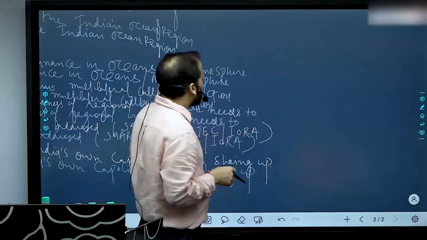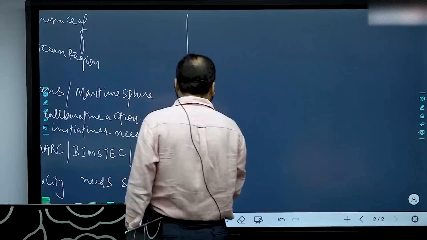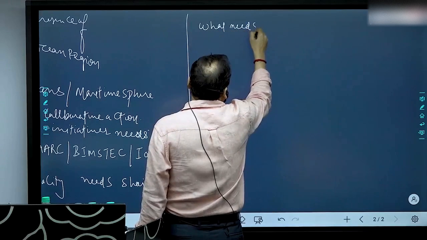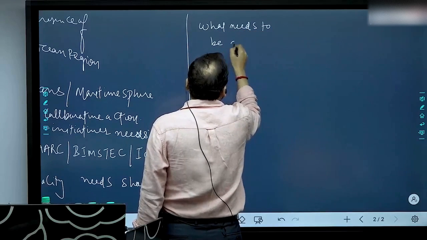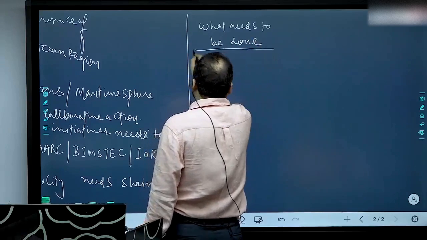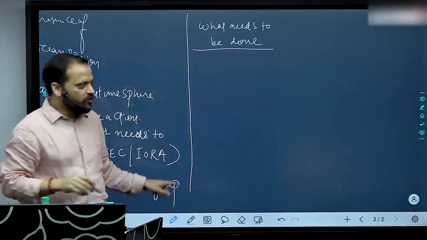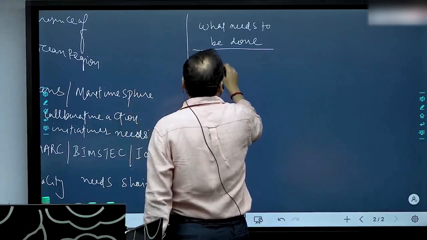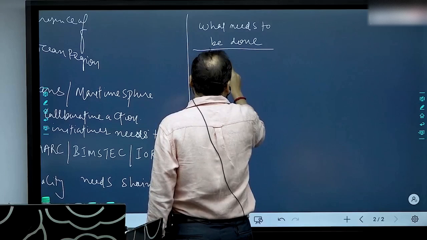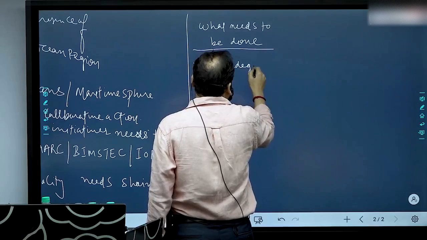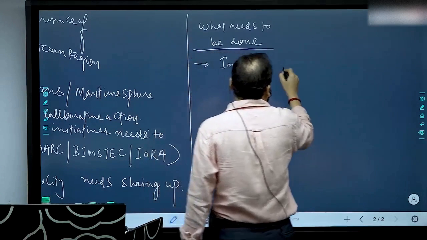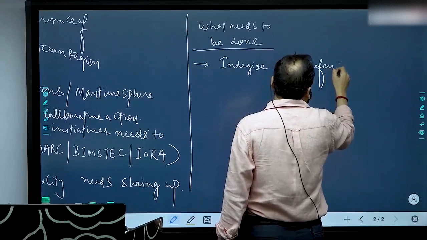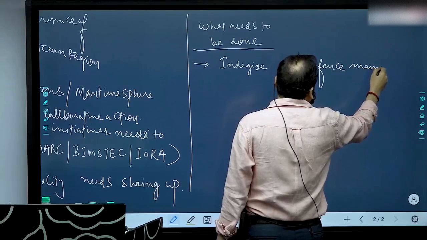So then, what needs to be done? What needs to be done should be simple. So first of all, India needs to focus on indigenizing defense manufacturing.